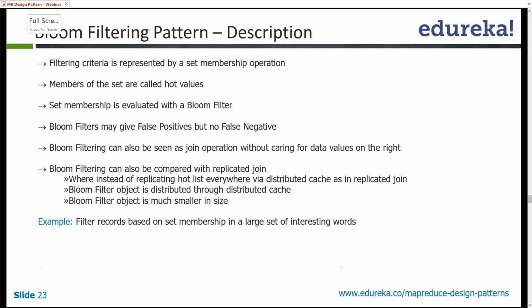That's a very simple definition of a filter. So what's so interesting about Bloom filters? Bloom filters are interesting because they consume much less data to store a filtering set.